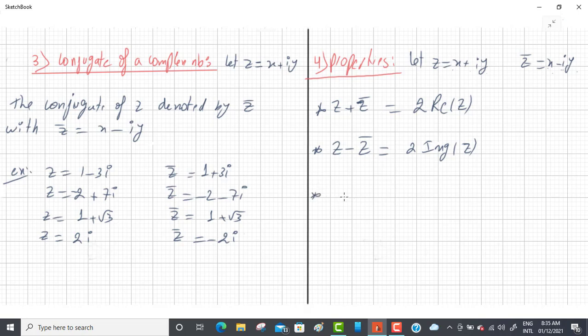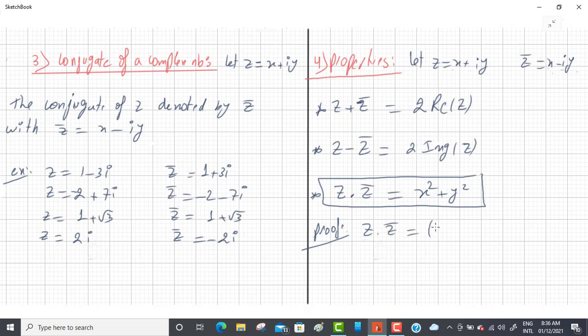Finally, the most important one, z times z bar. z times z bar is always x square plus y square, the real part square plus the imaginary part square. I can prove this one. As you know, z times z bar is (x plus iy) times (x minus iy).